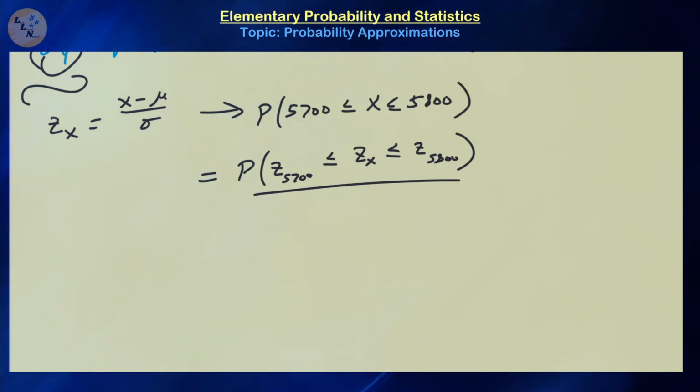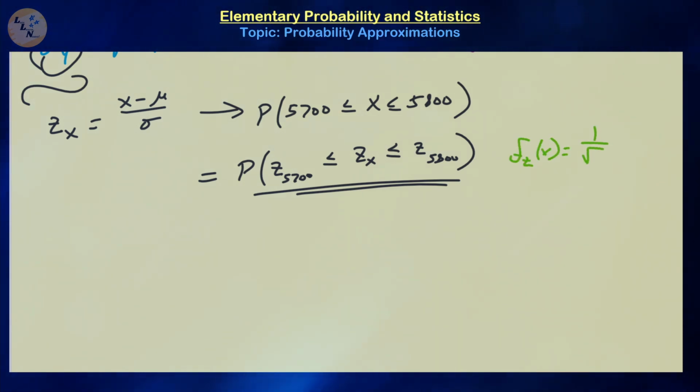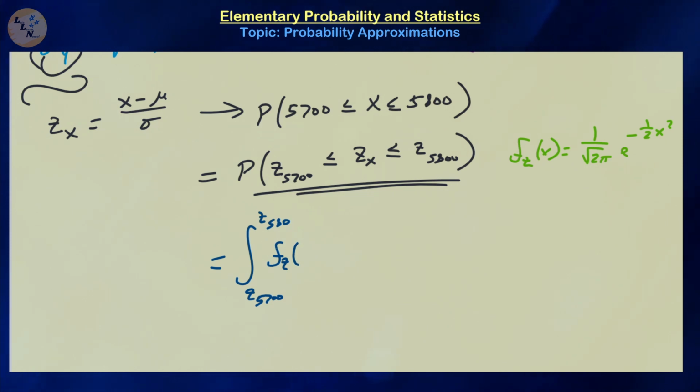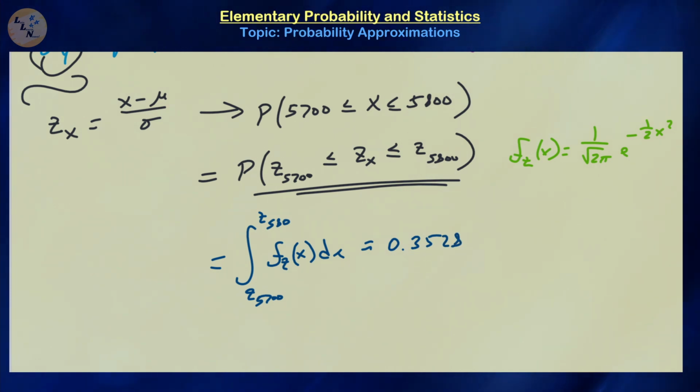And then how are we going to find this? Remember, the density for a z-score distribution is going to be equal to 1 over the square root of 2 pi times e to the minus 1/2 x squared, right? So if we're in the calculus world, then we're just going to be integrating the standard normal distribution from the z-score of 5,700 to the z-score of 5,800. And you're going to come out to approximately 0.3528, right?